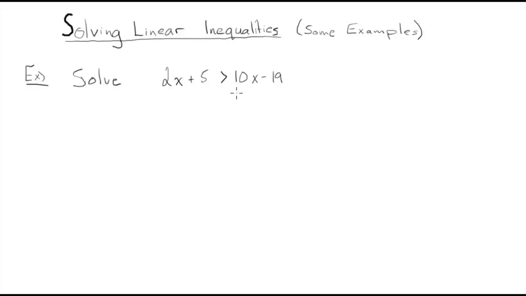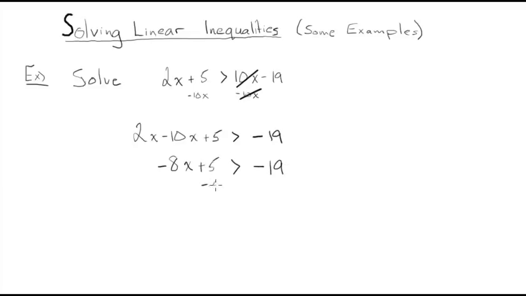So in this case we're going to subtract 10x from both sides of the equation. So we'll have 2x minus 10x plus 5 bigger than just bigger than. The 10x's cancel. Bigger than negative 19. So we have minus 8x plus 5 bigger than negative 19.